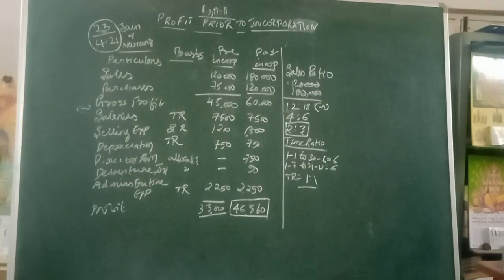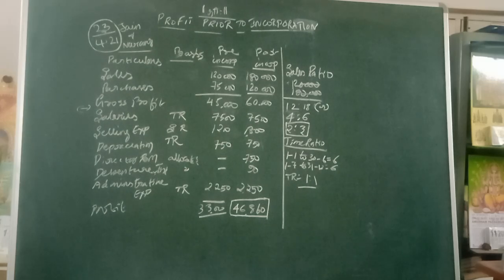Then take salaries. You know very well, salary is apportioned on the basis of time ratio. Here the time ratio is equal, so the total amount of 15,000 is divided by 2, 7,500 and 7,500. Another one is the selling expenses.